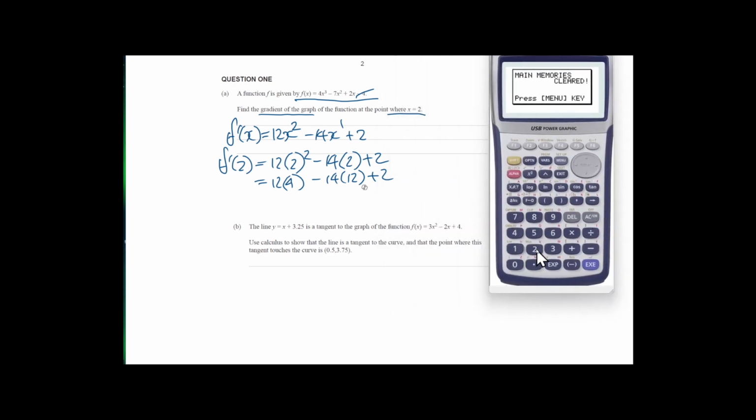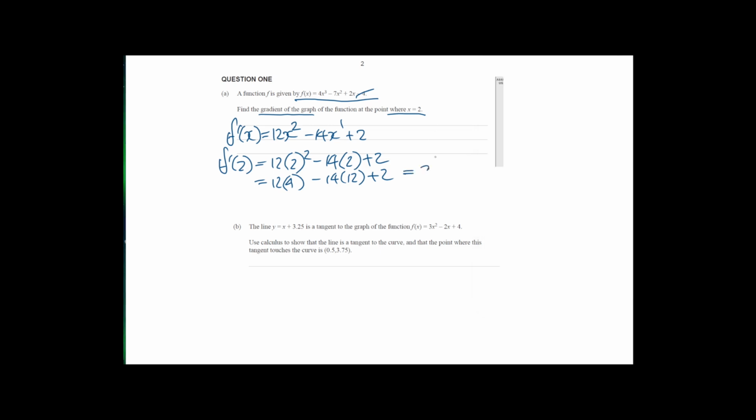So 12 times 4 equals 48. Minus 14 times 2 is that. Plus 2 is 22. So the answer is 22, and we could say 22 over 1 really to make it a gradient.